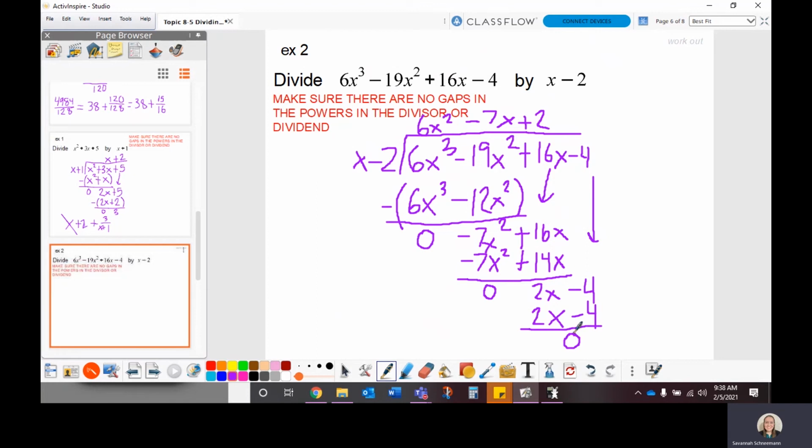So we do not have a remainder on this. 6x cubed minus 19x squared plus 16x minus 4 divided by x minus 2 gets you 6x squared minus 7x plus 2 exactly, with no remainder. So you don't always have a remainder. Just remember, if you do, you have to put it over your divisor.